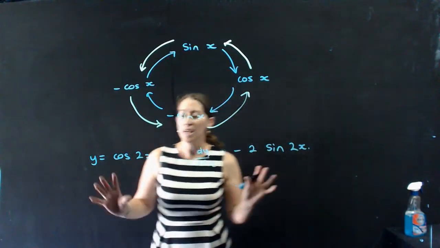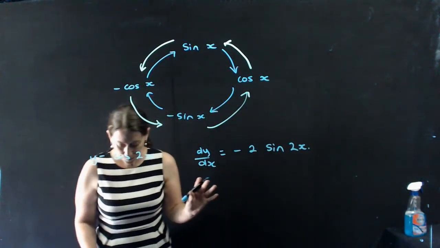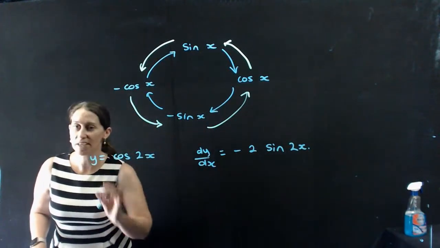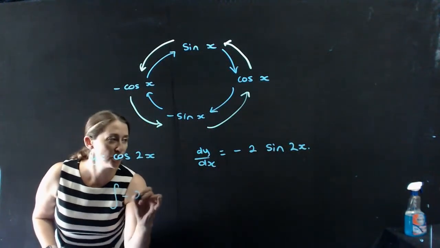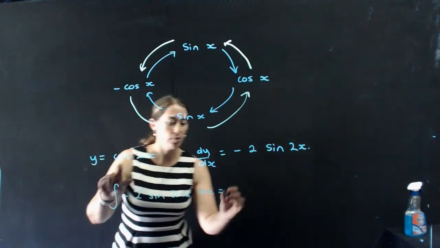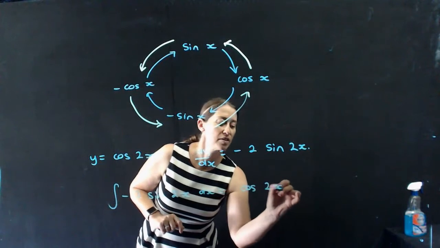Now, if I was to set up an equation here, the integral of this becomes this. So the integral of minus 2 sine 2x with respect to x becomes cos 2x plus c.